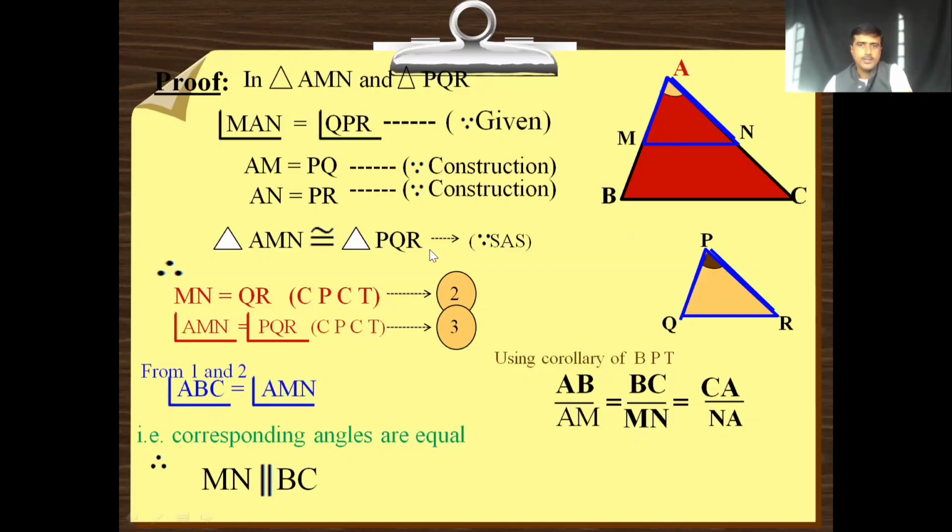Let us use equation 2 and construction here in this corollary of BPT. That is, I am replacing AM as PQ, MN as QR, and NA as RP.